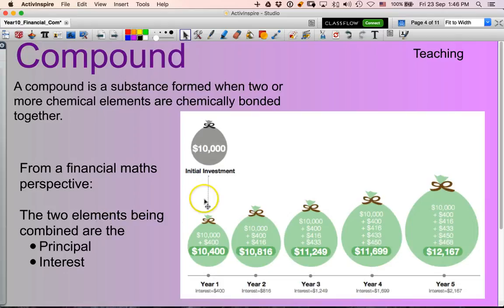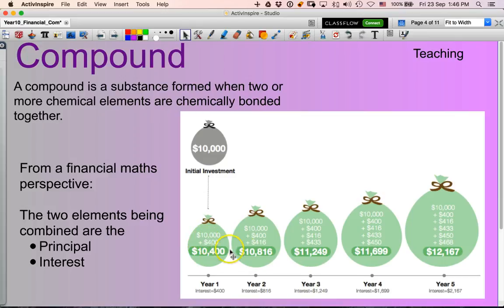Perhaps looking at this visual may help you. Say I borrowed $10,000 and I have an interest rate of 4%. After 1 year, the amount will have risen to $10,400. After the second year, $10,816, and you can see this is increasing in a non-linear fashion.